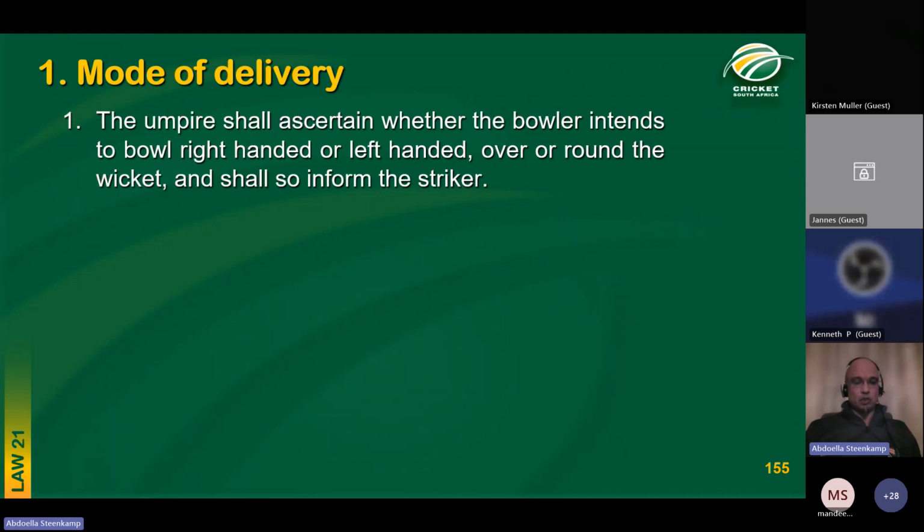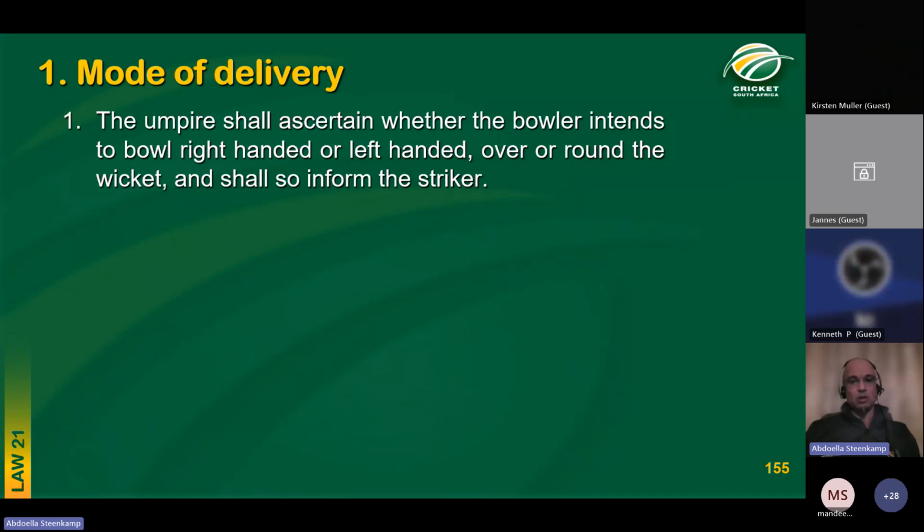Firstly, it deals with the mode of the delivery, and it tells us it's important for the umpire, as soon as a new bowler comes to you, and let's say the bowler hands you his or her cap, you need to ask the bowler whether the bowler is going to bowl right hand or left hand.